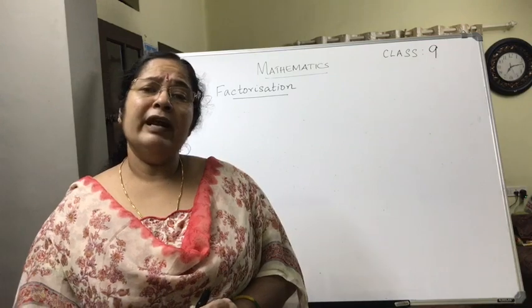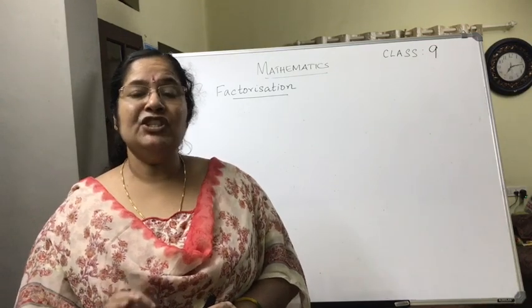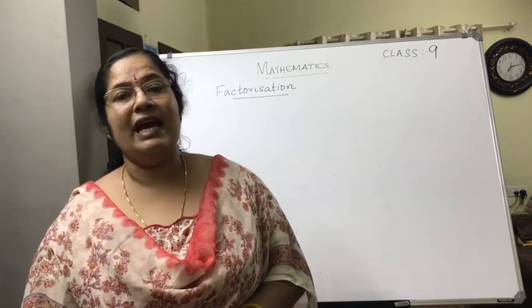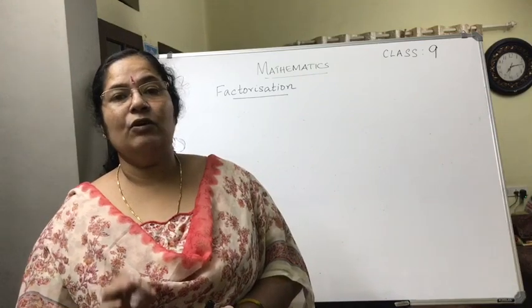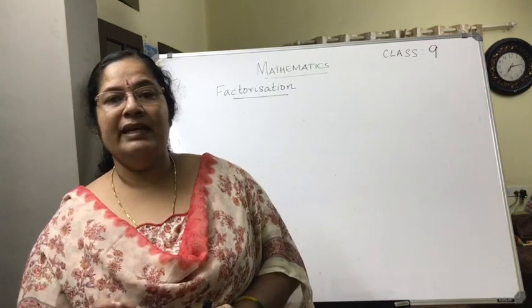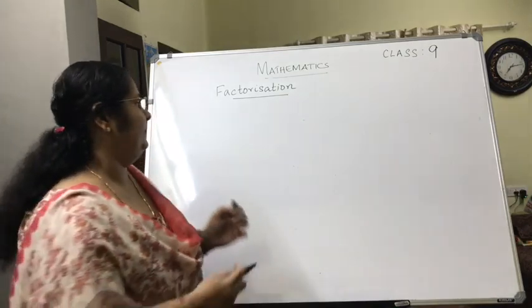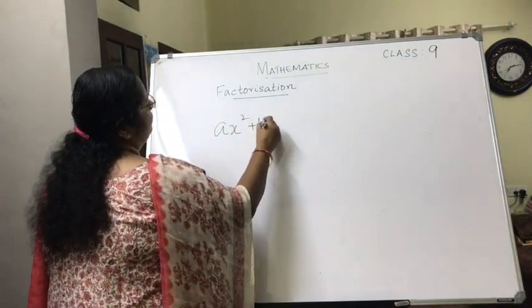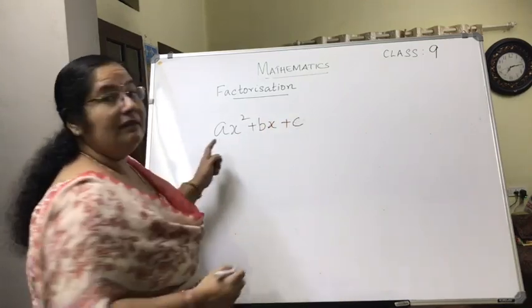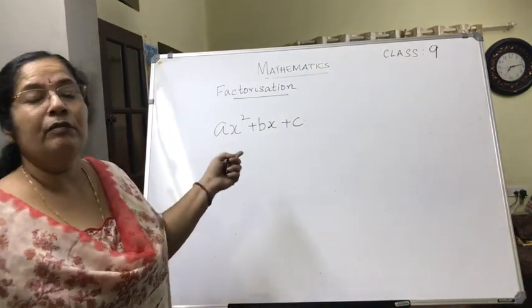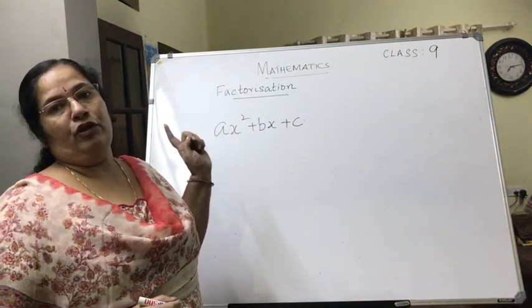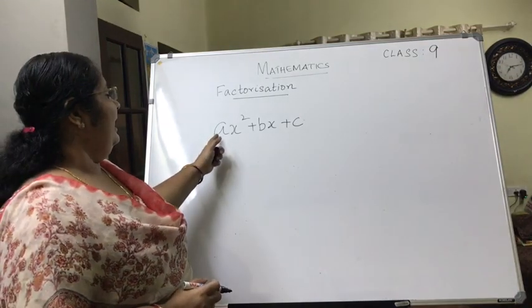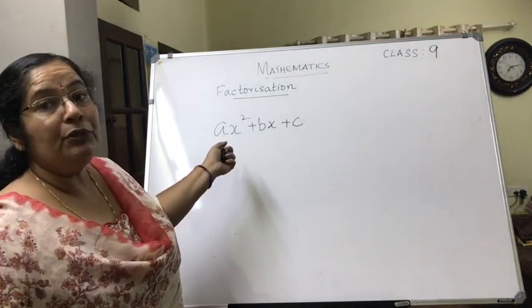Now a quadratic polynomial in general is written as ax square plus bx plus c. This is the general form for a quadratic polynomial where a is not equal to 0.